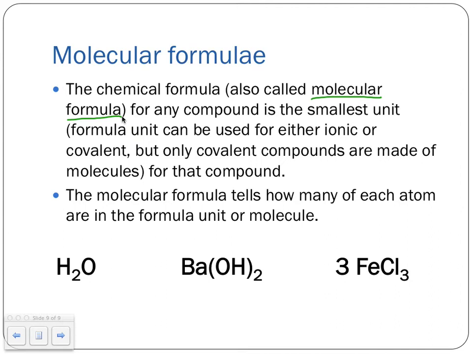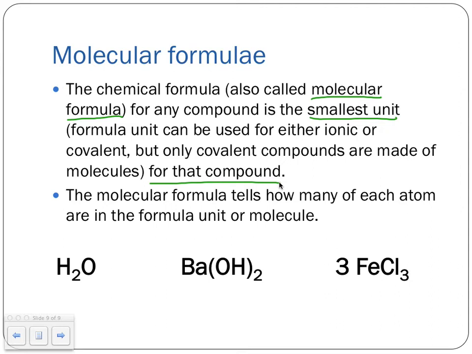So if we ask what's the molecular formula of an ionic substance, what we really mean is the formula for the formula unit. It's just a little easier to say molecular formula than chemical formula unit. So the chemical formula or molecular formula for any compound is the smallest unit for that compound. And the molecular formula tells how many of each atom are in the formula unit or molecule.